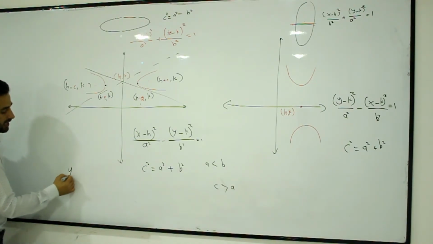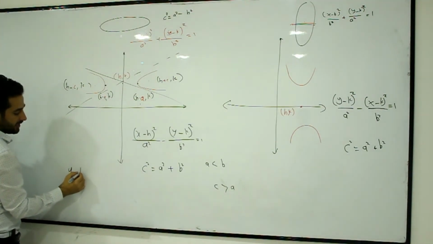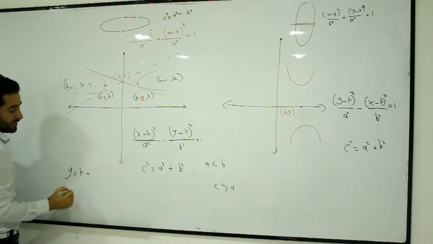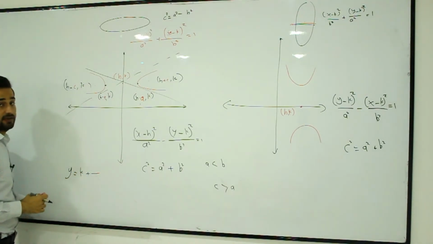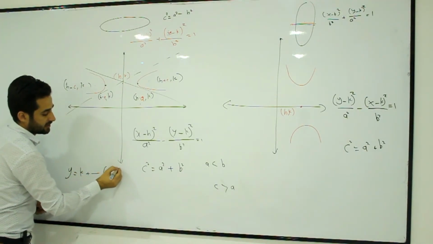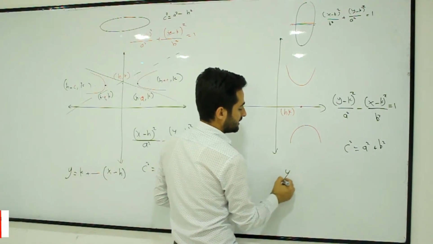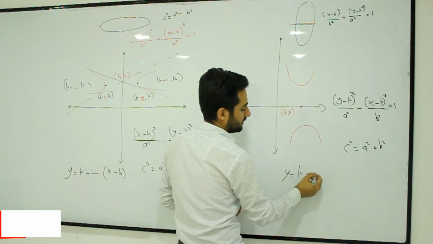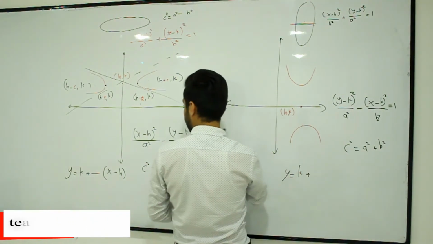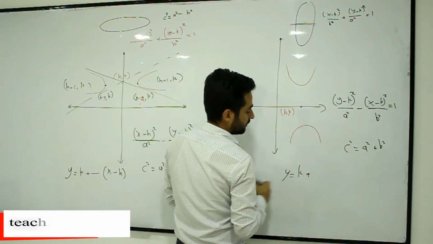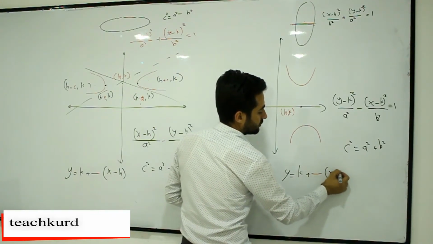So we can say the rule for this one: y is equal to k plus, pay attention to this red fraction, and x minus h. We will write down the same thing for this one. y is equal to k plus a fraction and x minus h.